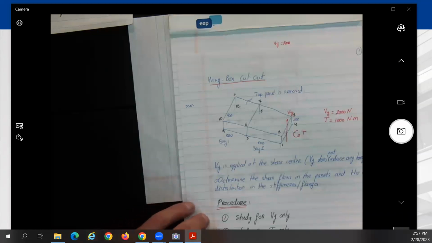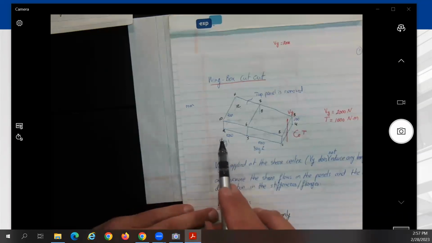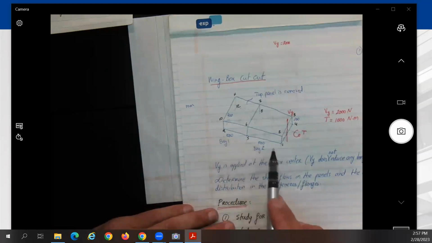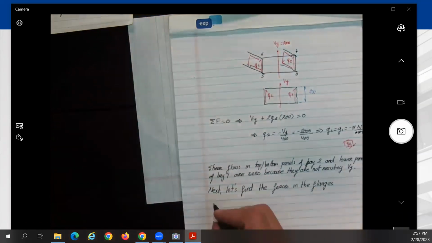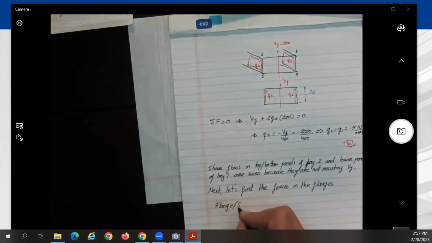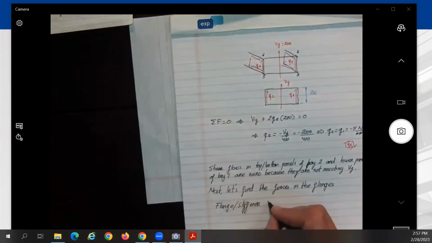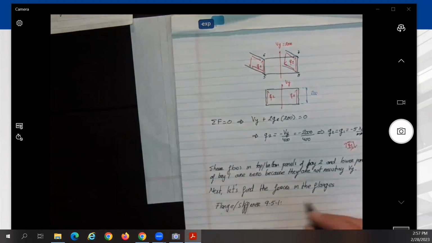Let's say I'm just going to do one. I'm just going to do the flange of the stiffener 951. So let's look over here, flange slash stiffener 951.